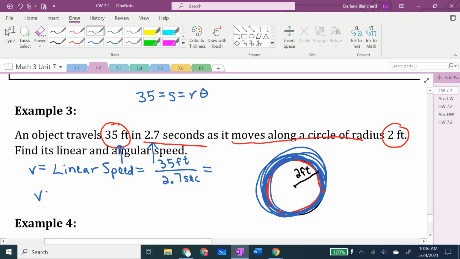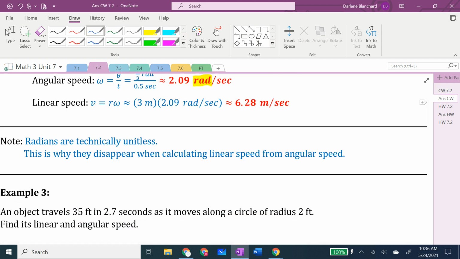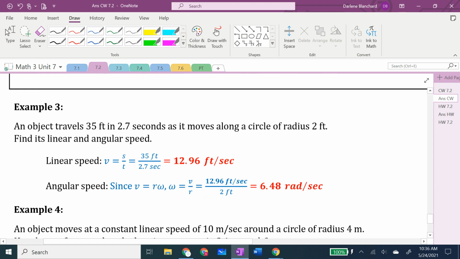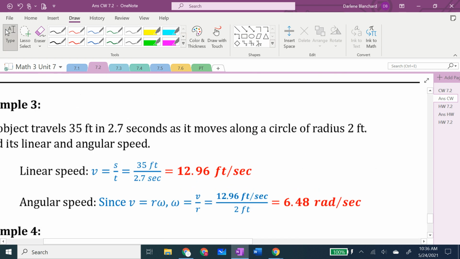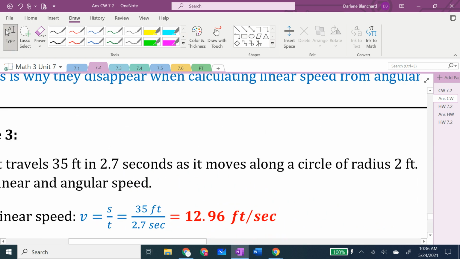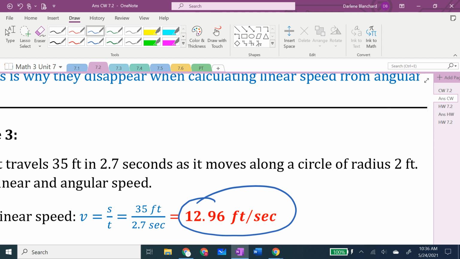My linear speed is equal to the radius of the circle multiplied by the angular speed. So what I have is 35 divided by 2.7 gives me 12.96 feet per second.